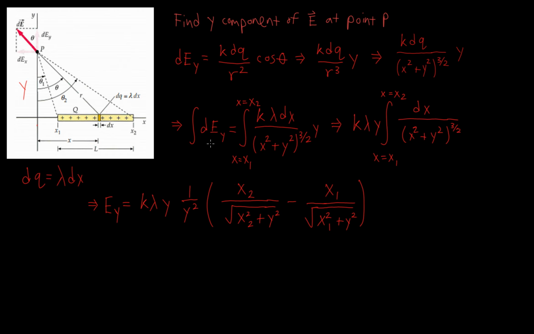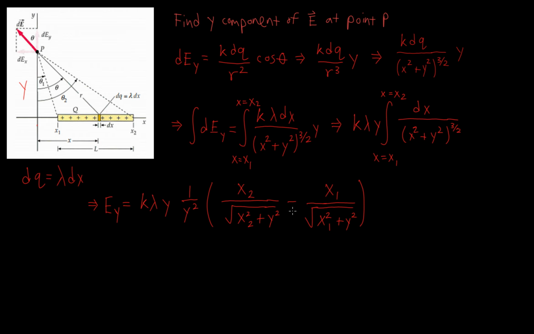So if you take the integral of dE in the y direction, you get the total electric field in the y direction at point P. And if you take the integral of this expression right here, you get 1 over y squared, and then x2 divided by the square root of x squared plus y squared.